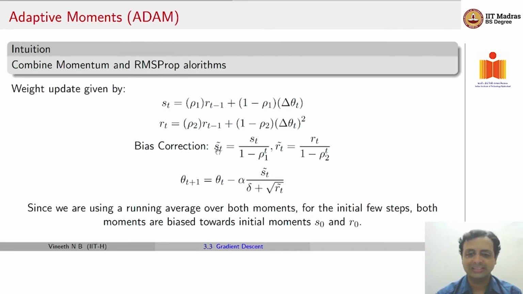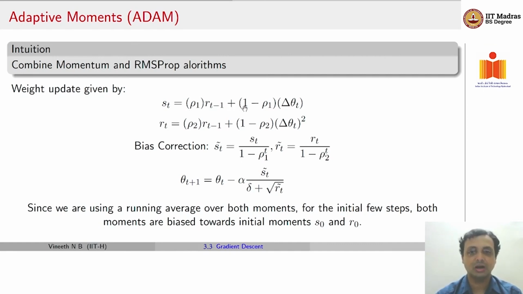Now coming to why this tilde is here, why not just ST and RT, it is for a very simple reason of doing what is known as bias correction in the initial iterations. In the initial iterations, if rho 1 is set to a high value, which is what is typically done, just like momentum, rho 1 could be set to something like 0.9. In your initial step, ST minus 1 would be initialized to 0.